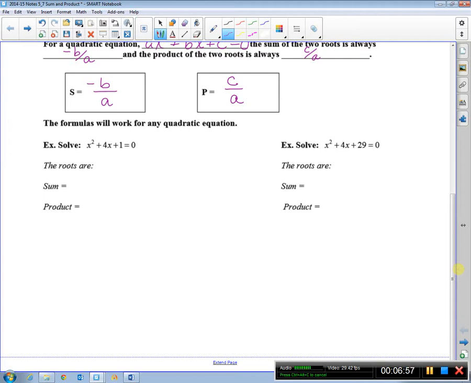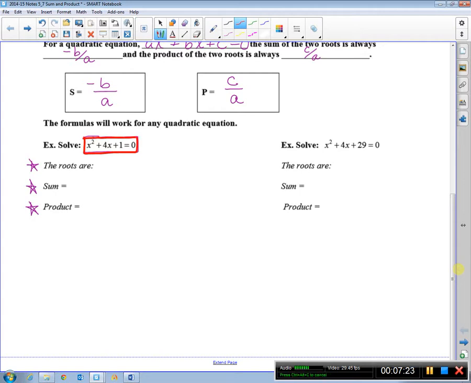So let's build on that knowledge. Let's go back and actually solve a quadratic because I need to find the roots. We're going to find the roots, and then we're going to do the sum of those two roots, and then we're going to do the product. Now I can predict in advance by looking at my quadratic.